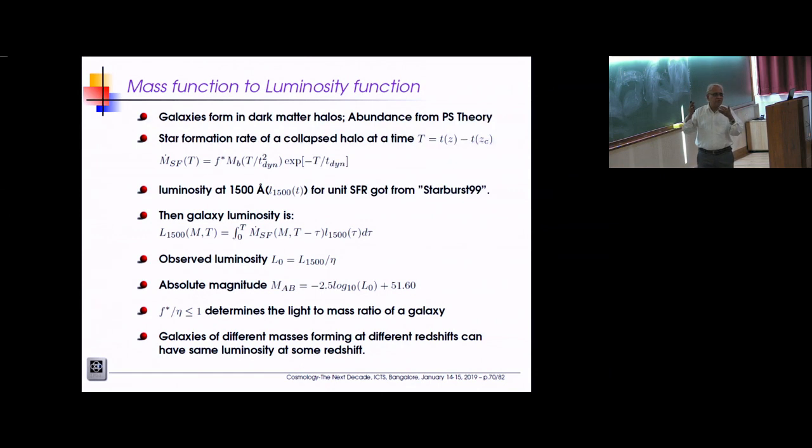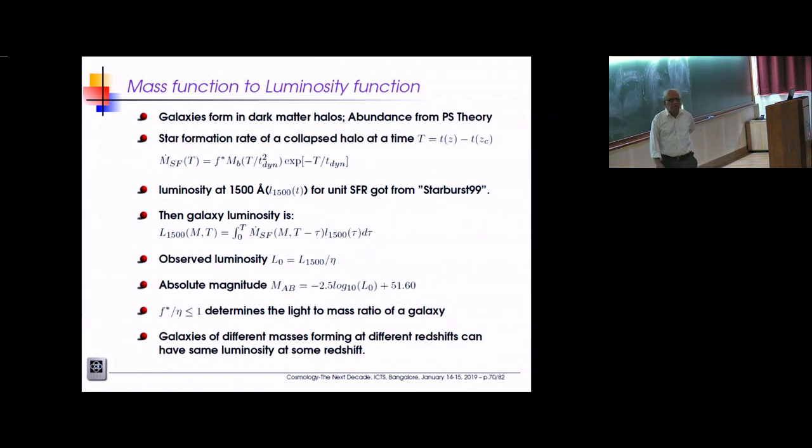So we used a lot of framework which is already developed from analytic or semi-analytic kind of framework. For example, you heard about the Press-Schechter theory. That will give you abundance of halos, the number of halos of different masses. Now you have to populate those halos with galaxies. For that, you need star formation. And so we made an assumption that the star formation basically, as I said, decayed exponentially in time over a dynamical time scale, but also rose from zero over a dynamical time scale.